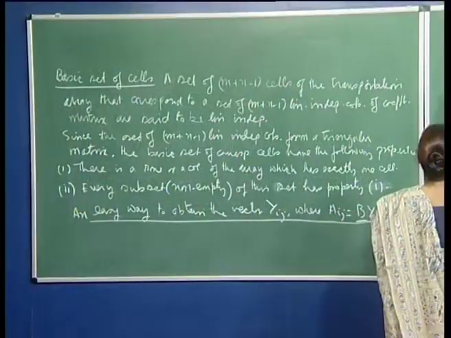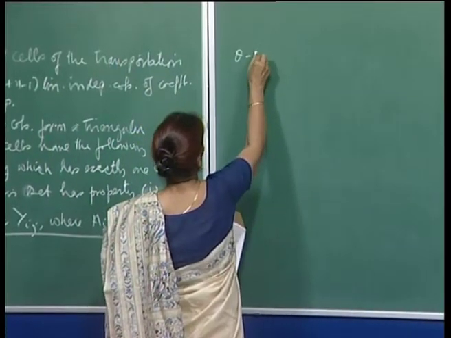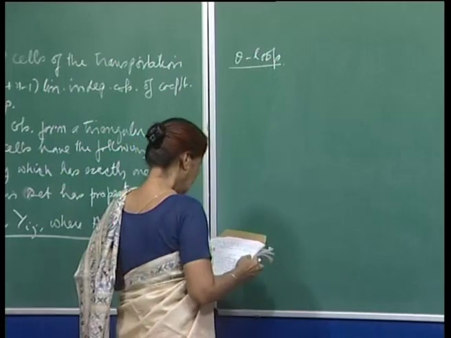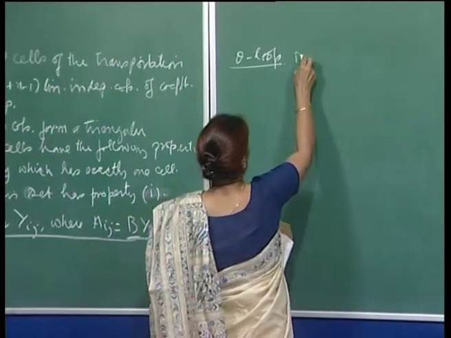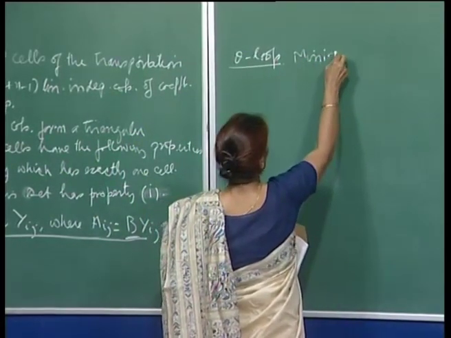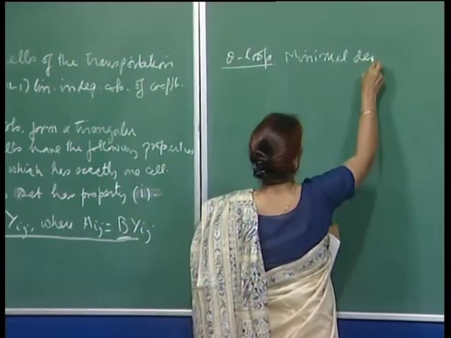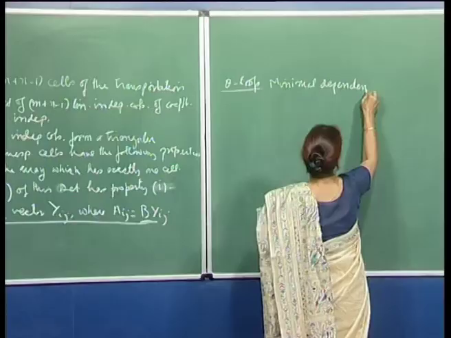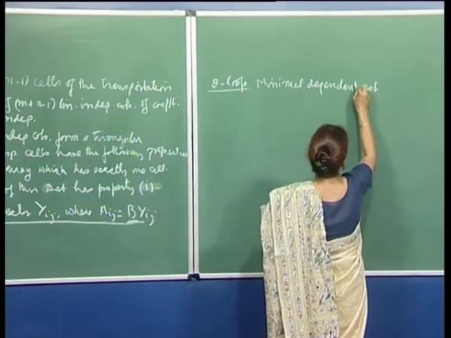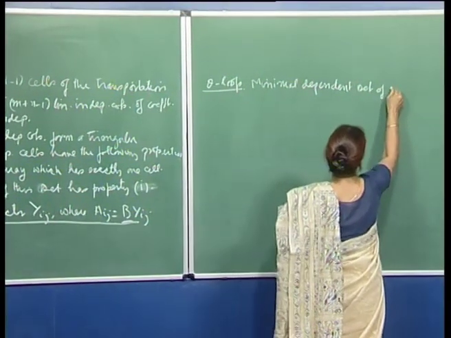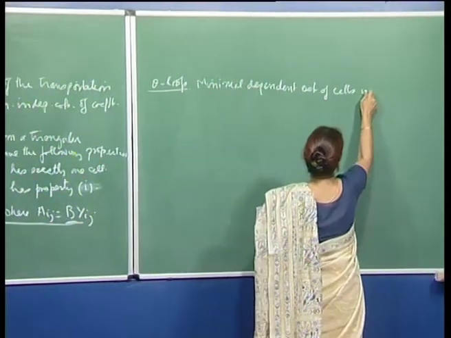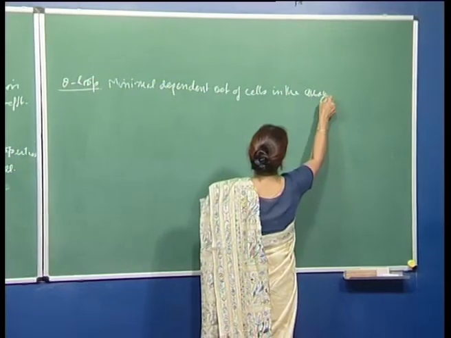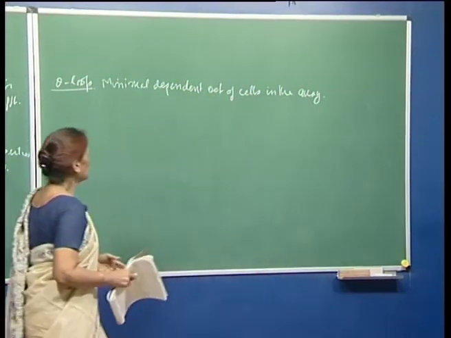So, I want to introduce the concept of a theta loop, and this is a minimal dependent set of cells in the array.